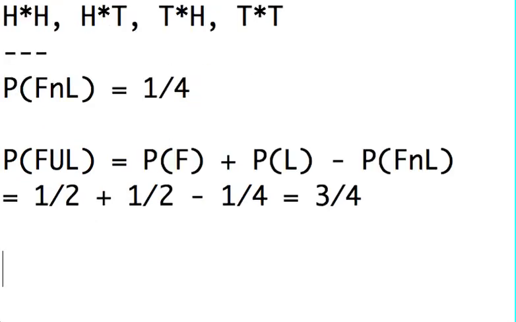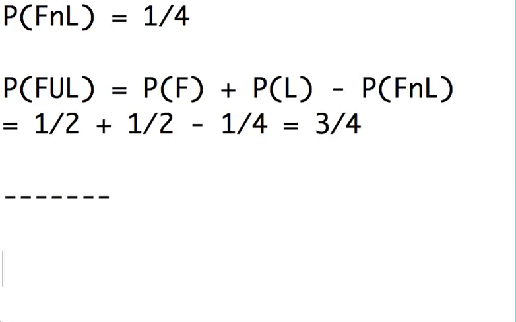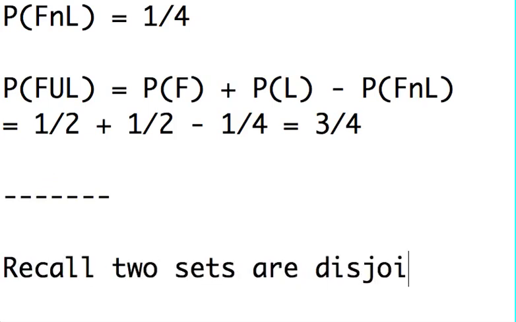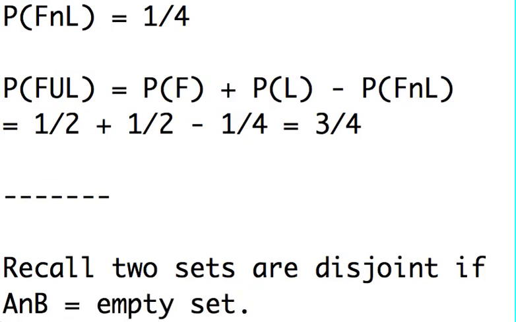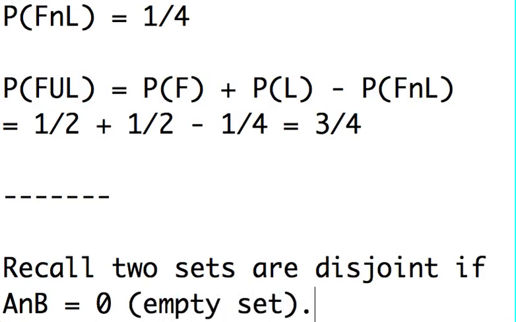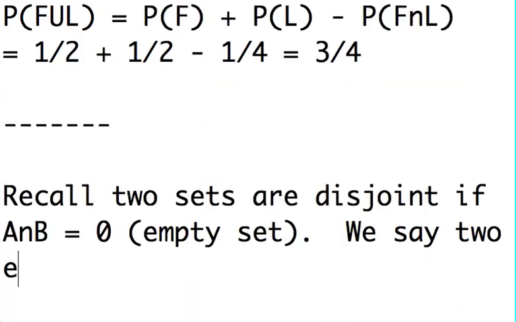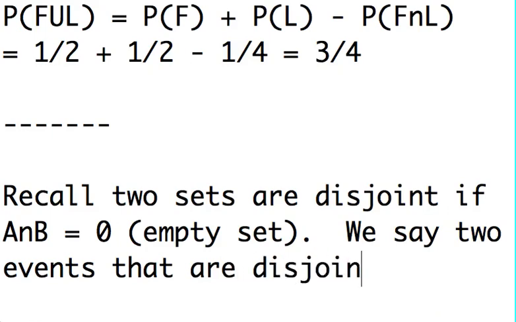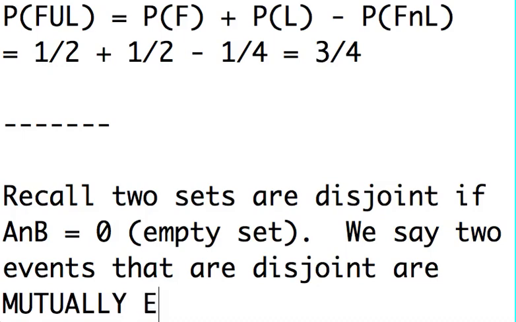Now we also saw that things were a lot easier to count if we could assume that the sets were disjoint. Well, remember, two sets are disjoint if their intersection is the empty set. Let me even write that as just 0. Well, in the context of events, we say two events that are disjoint are mutually exclusive.